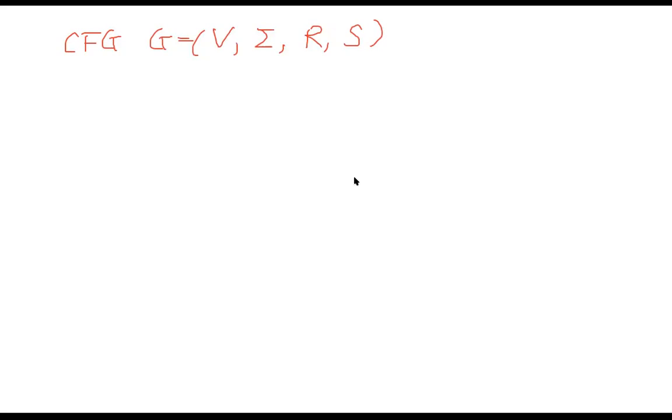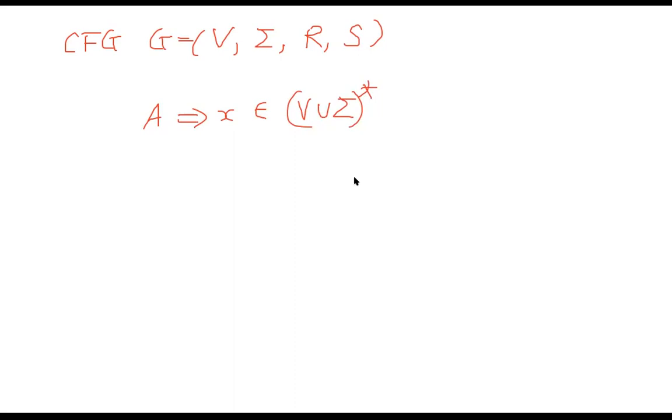What we are interested in here is this: when we say a symbol can derive a string x, this x could contain variables and terminals.